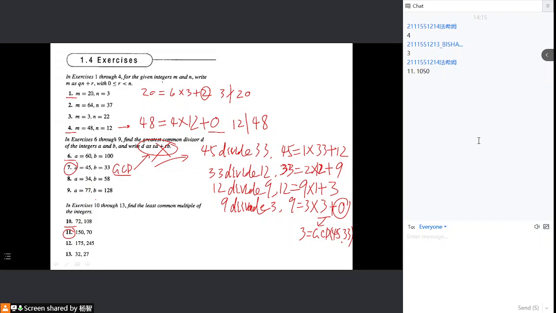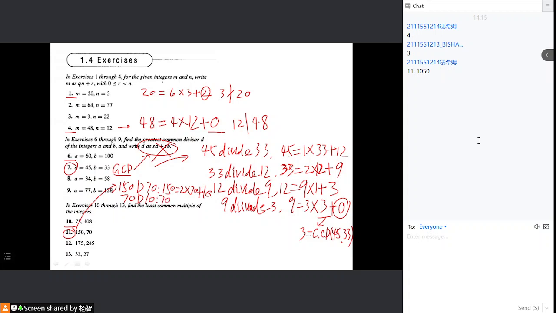Okay. Now we do exercise 11. Okay, and the next step, 70 divided by 10.